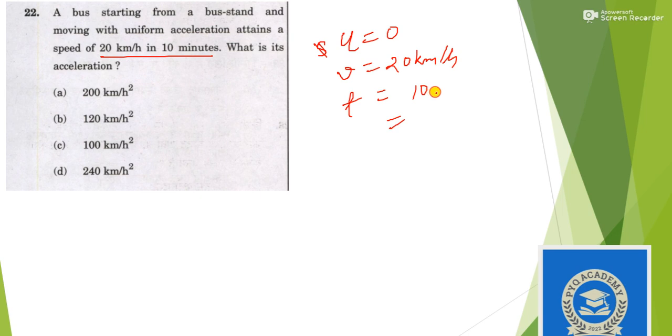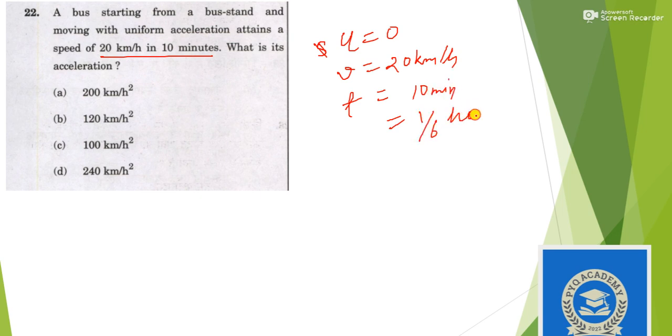A bus starting from a bus stand and moving with uniform acceleration attains a speed of 20 km per hour in 10 minutes. So what is the acceleration? Directly speed is given, that means let's take u equals 0, initial, final speed is 20 km per hour and time is 10 minutes, or I can write it 1 by 6 hour.